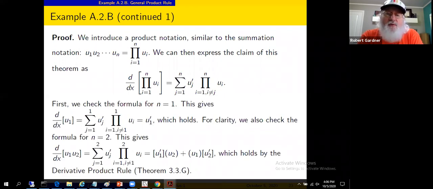First, let's check the formula for n equals 1. When n equals 1, we'll have one function, we'll differentiate one function. We need to see if all this summation product stuff actually produces a single function. Yeah, it'd be a sum from j equals 1 to n, taking n to be 1, so we get a 1 up here. Product from 1 to n except for i equals 1.